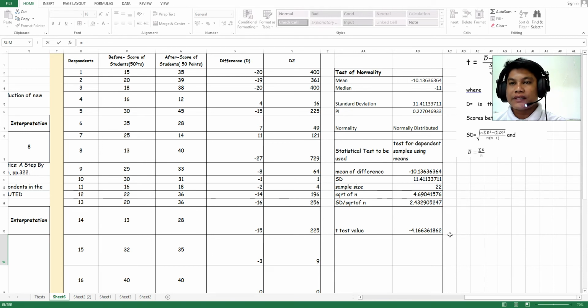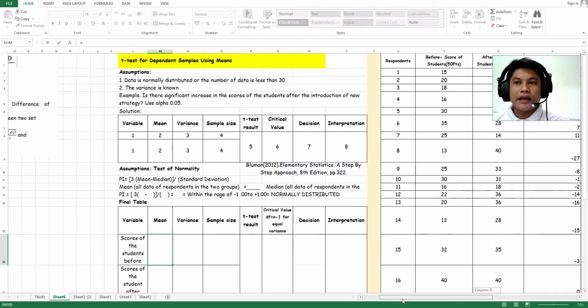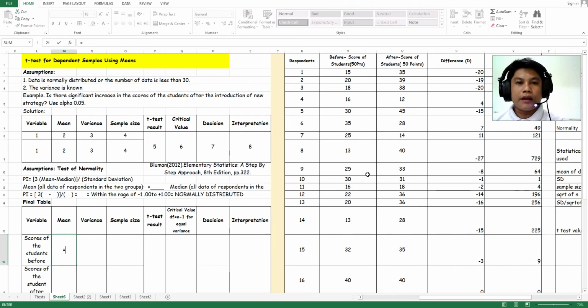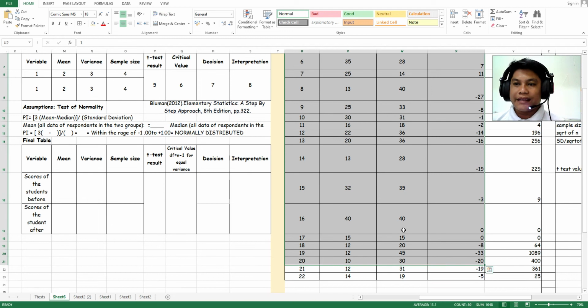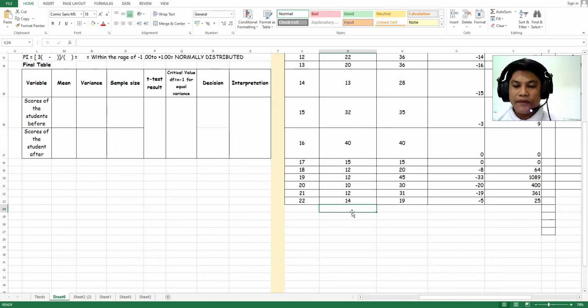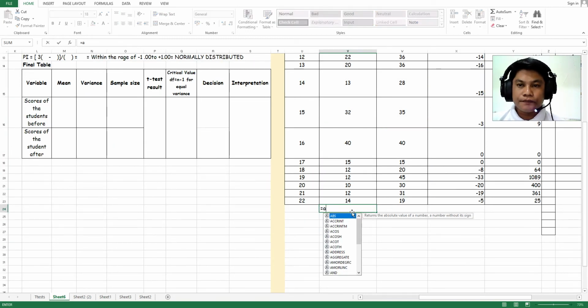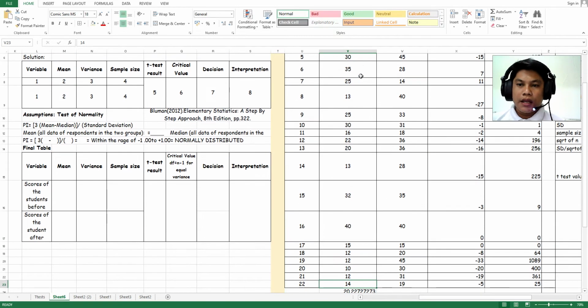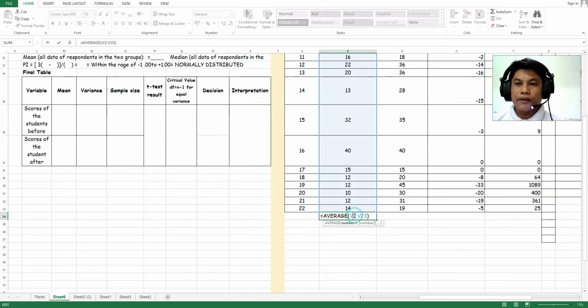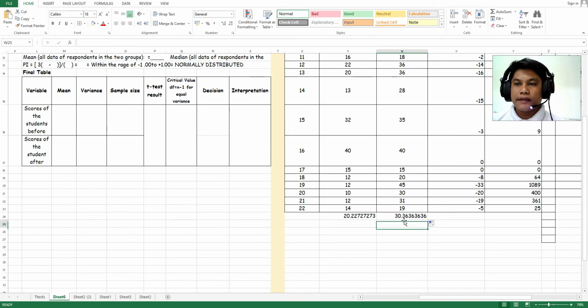In a way it was not needed in the analysis, but what we will do now is get the mean before, the average of the scores before, and then we will also get the average of the scores after. So you just carry that here, and this is now the average.